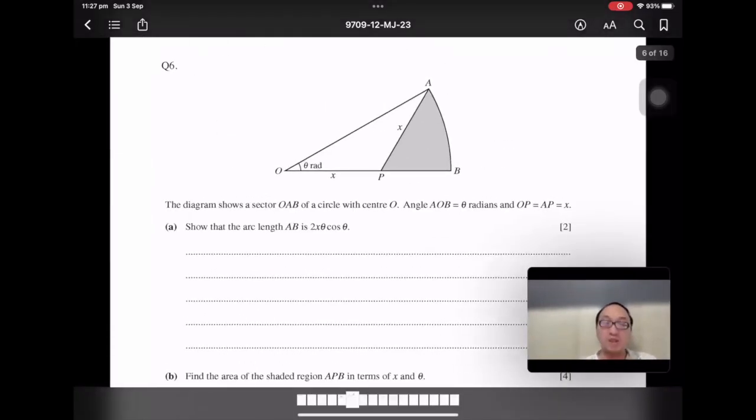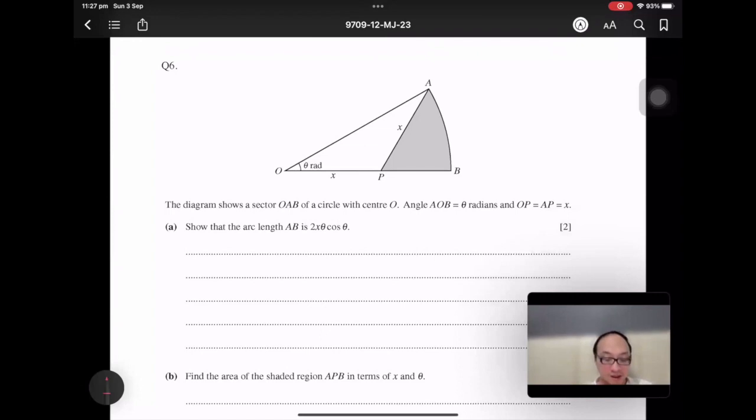Number 6. The diagram shows a sector OAB of a circle with center O. Angle AOB is theta radians and OP equals AP equals x. So this is an isosceles triangle.